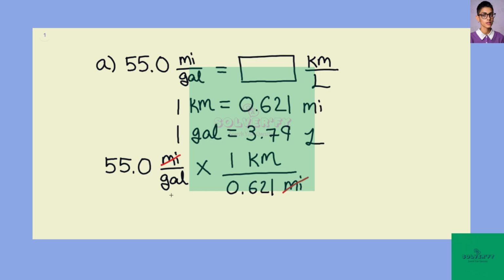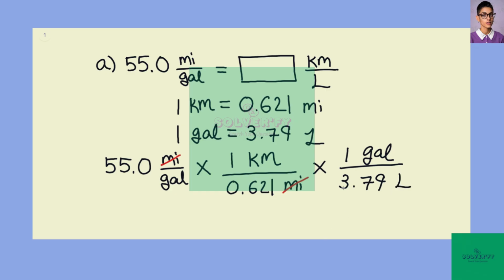So let's do the same thing with converting our gallons into liters. So once again, we'll multiply 1 gallon divided by 3.79 liters.